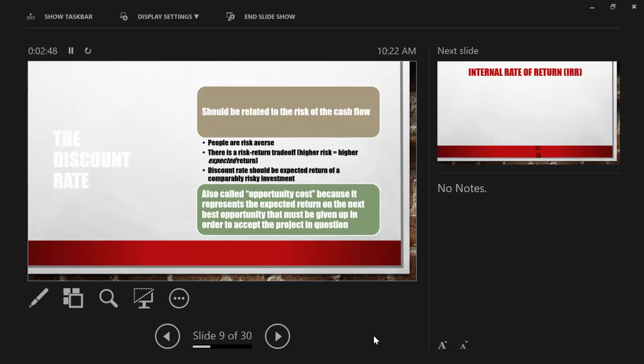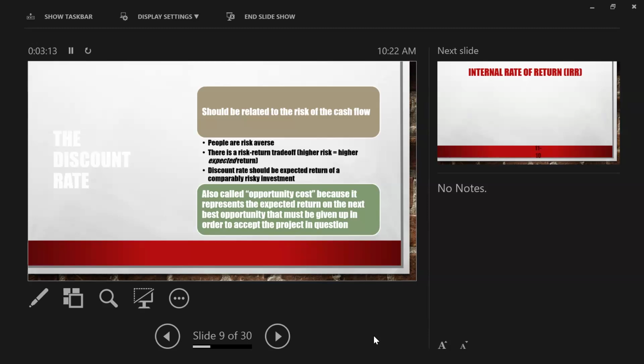Nobody is going to do a high risk project without that expected return being higher. And so what we're looking at here is the term opportunity cost. You probably remember the term from economics. Opportunity cost means the cost of foregoing the next best option.